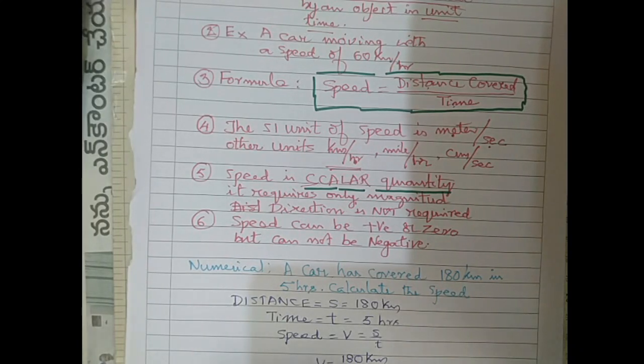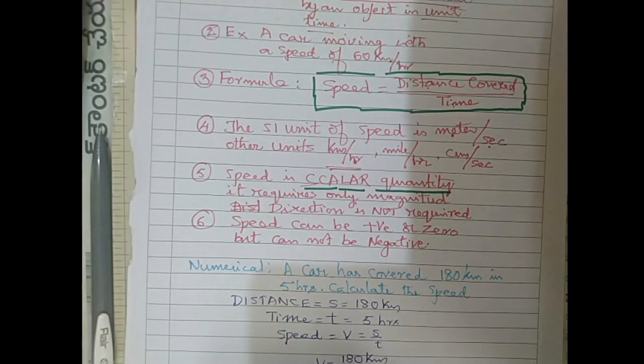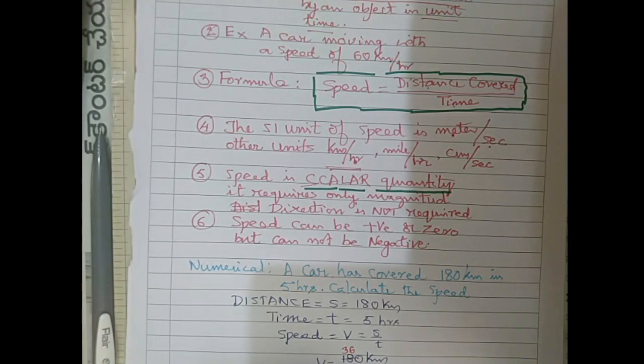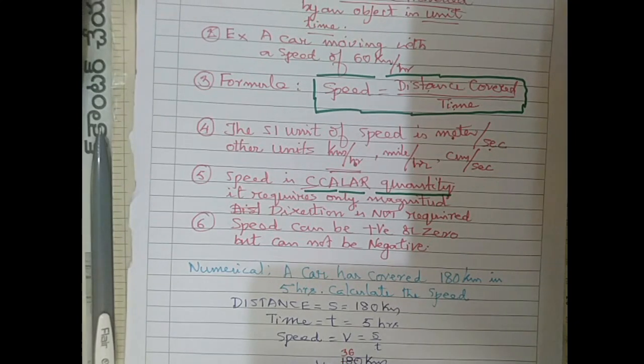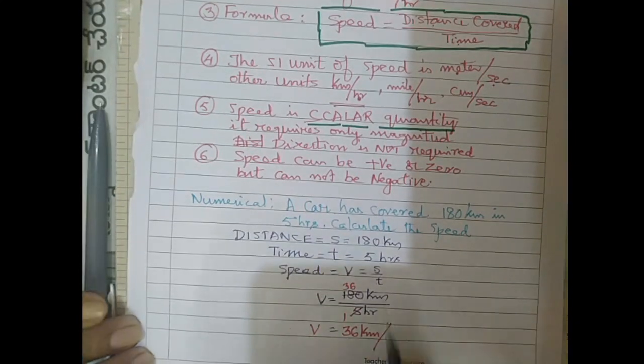Now we can cancel 180 by 5. 5 ones are 5, 5 threes are 15, 5 sixes are 30. Now the answer is V is equal to 36 kilometer per hour.